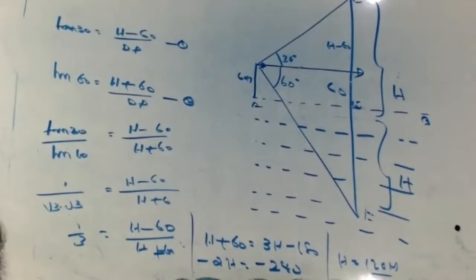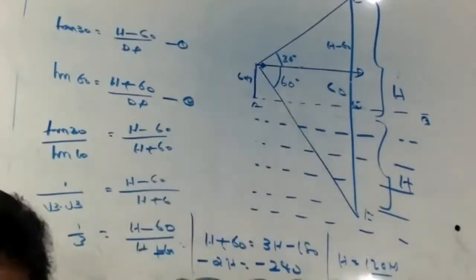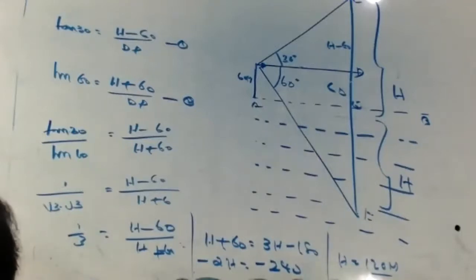Okay, right. Let A be the surface of the lake, and P be the point of observation such that AP equals 60 meters.